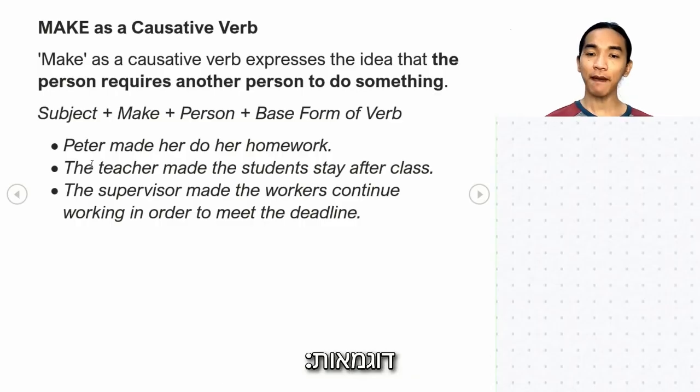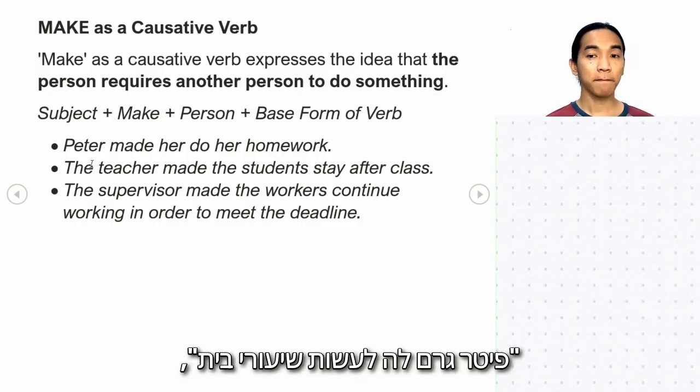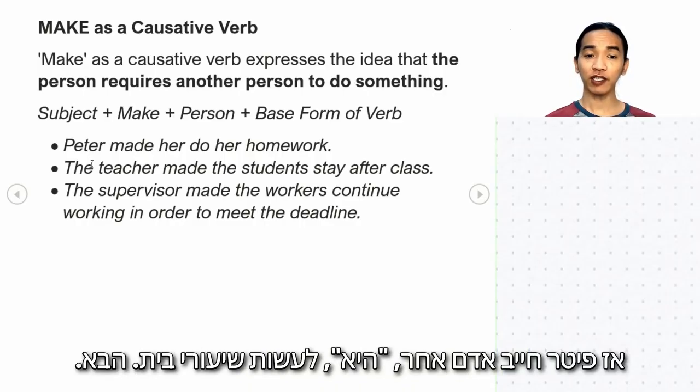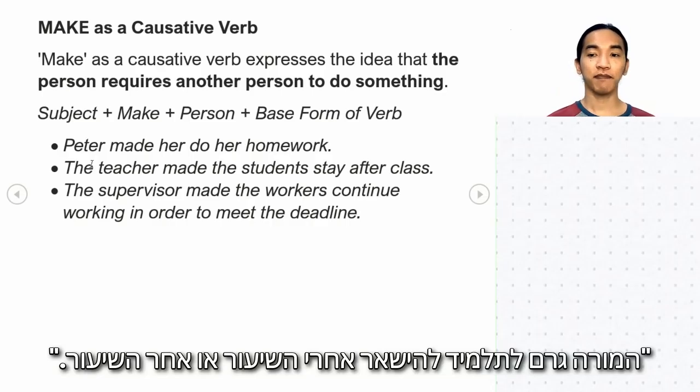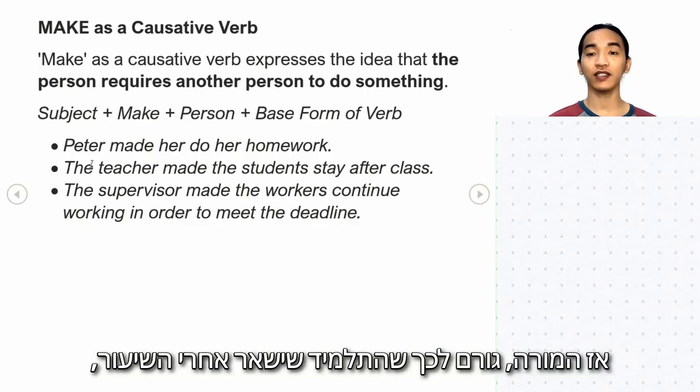Examples. Peter made her do her homework. So Peter required another person, which is her, to do her homework. Next one. The teacher made the students stay after class. So the teacher required the students to stay after class.